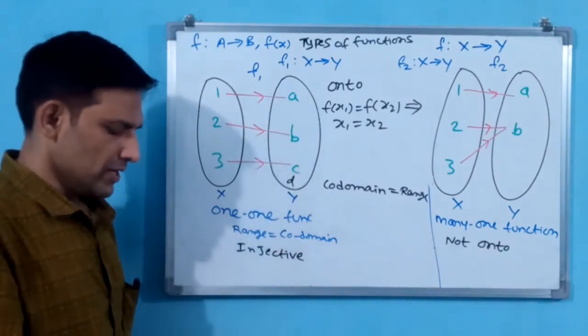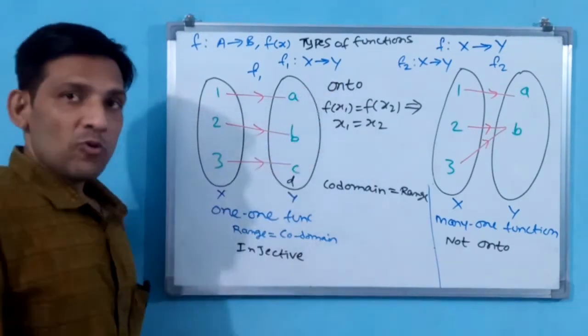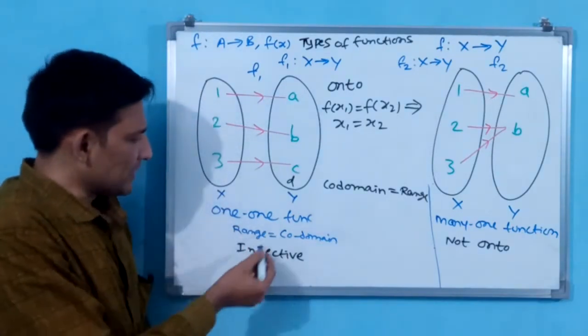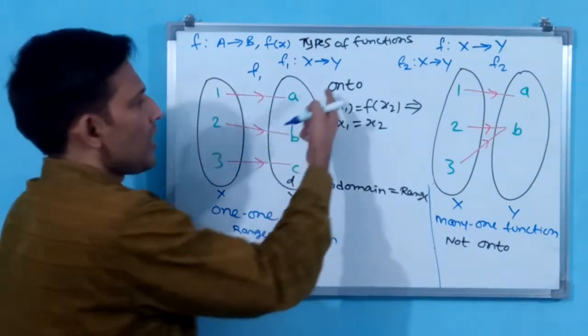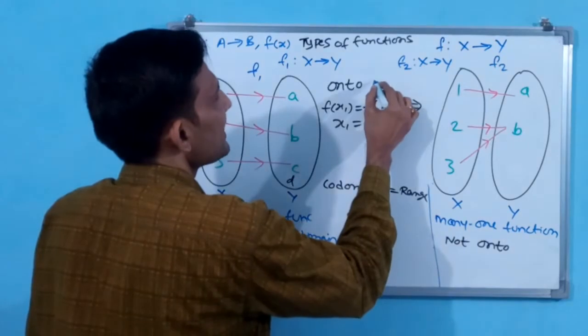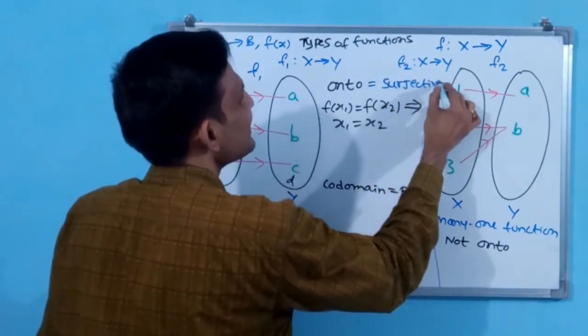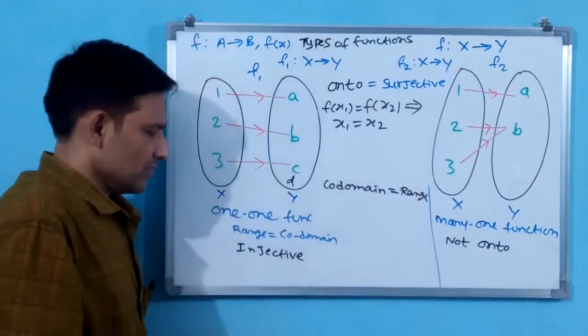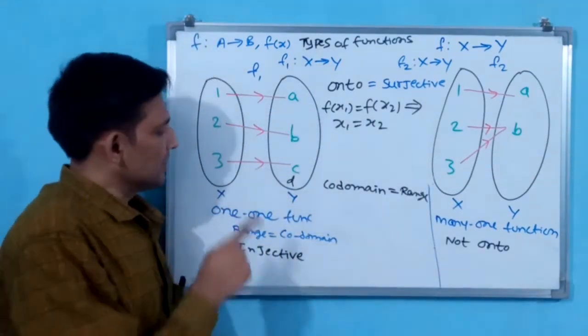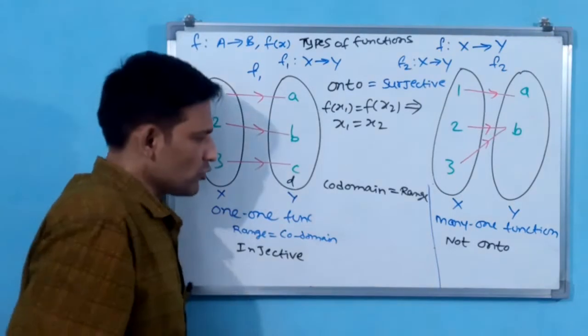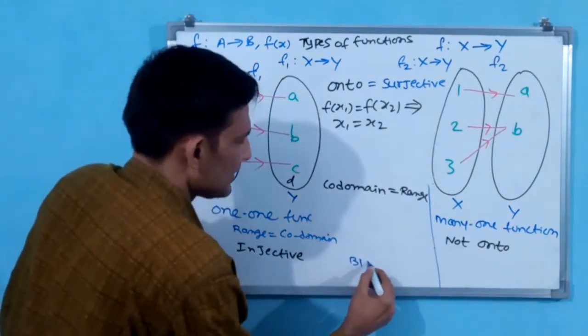Now you see, like one one function is called injective, onto function is called surjective. If any function is injective and surjective, that is going to be called bijective.